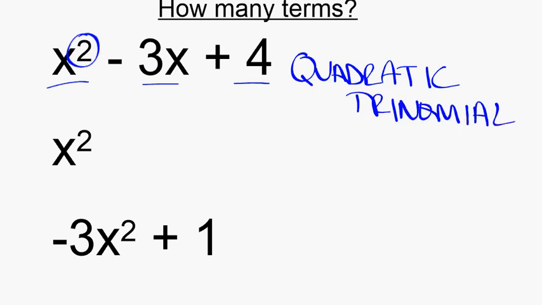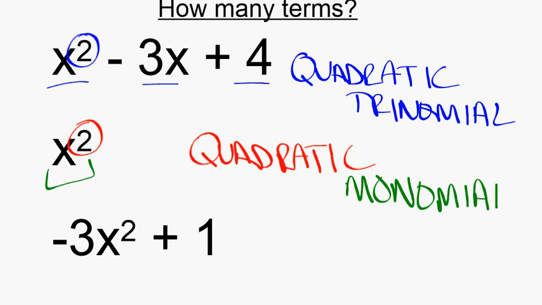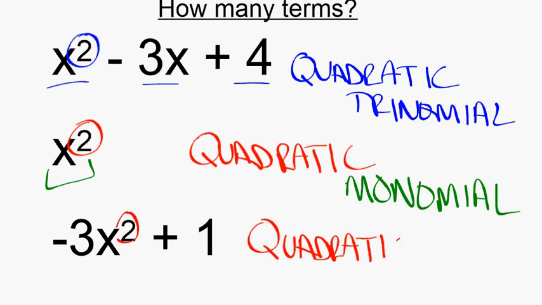The next example's largest exponent is 2. So this is also quadratic, but there is only 1 term here. 1 term means it's a quadratic monomial. And then the last one, again, it's another quadratic, so its degree is 2 once more, but we have 2 terms, 3x squared and 1.